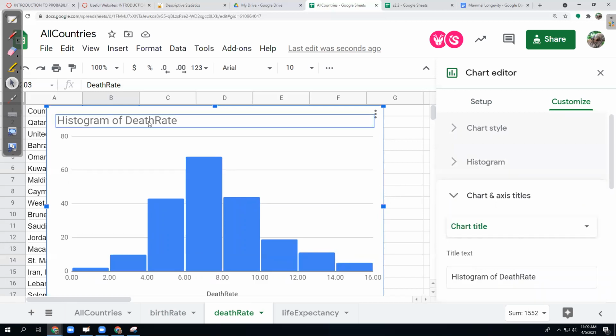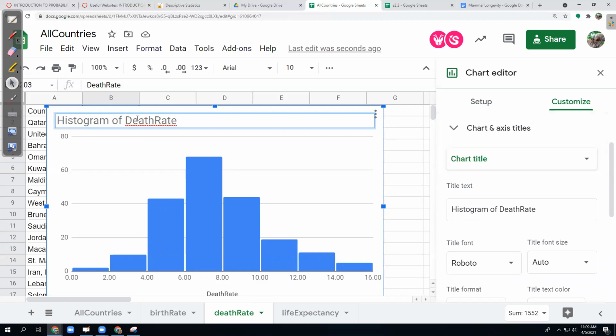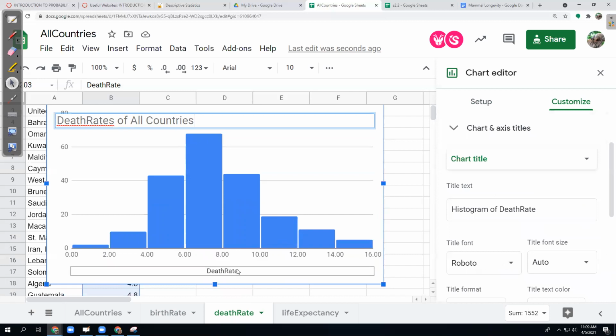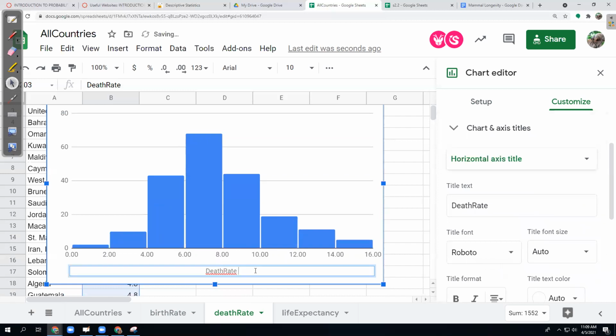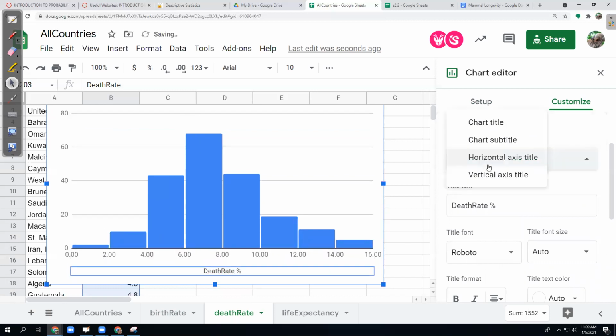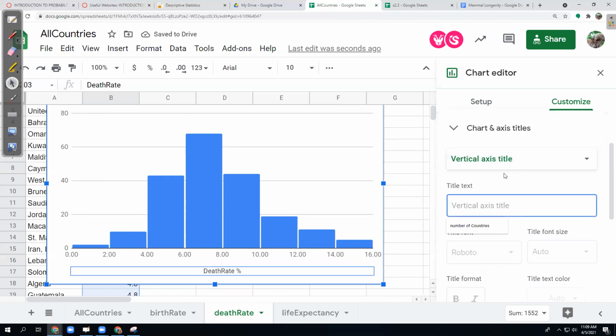This needs better titles. Death rates. Countries. And death rate, I should make it clear, that's a percent, 2%, 4%, 6%, and then I need a vertical axis title, which would be number of countries.